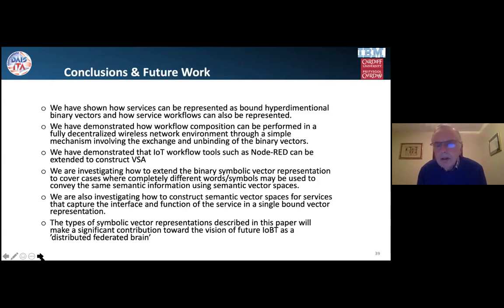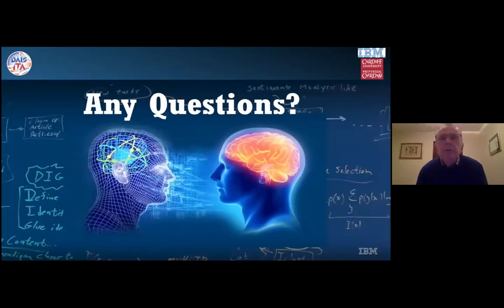And we're also investigating how to construct semantic vector spaces for services that capture the interface and the function of the service into a single bound vector. And then finally, I think what I want to say is that this type of symbolic vector representation that we've described will make a significant contribution towards the future vision of an Internet of Battlefield Things as a distributed federated brain. So I'll finish there.